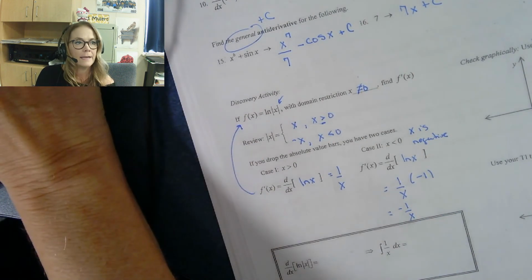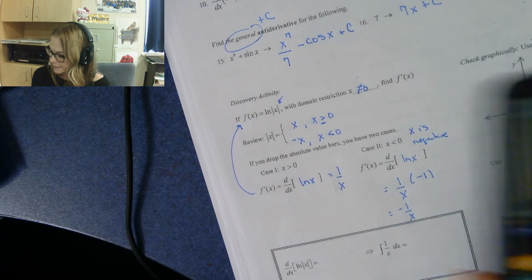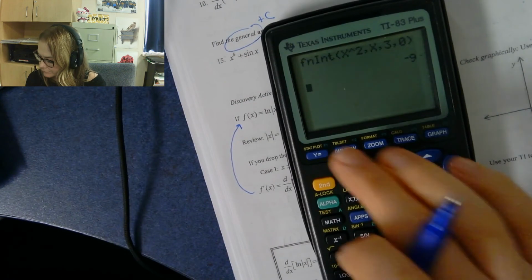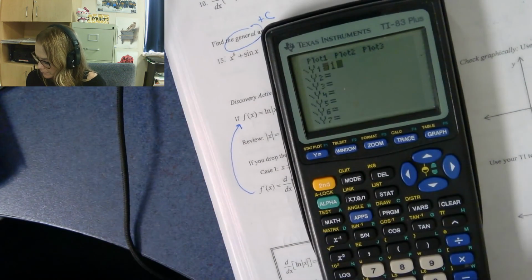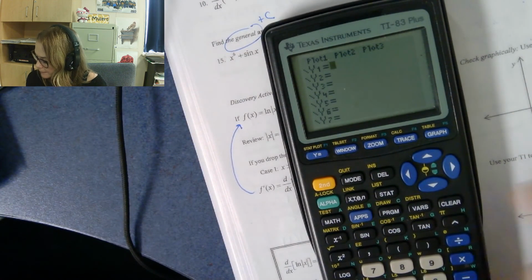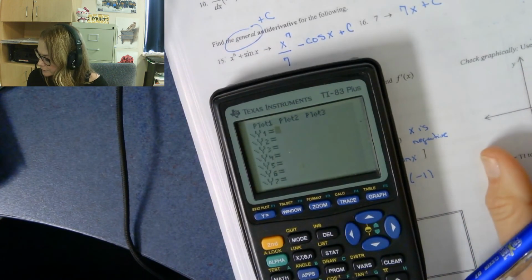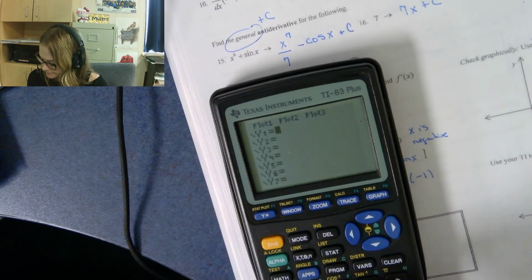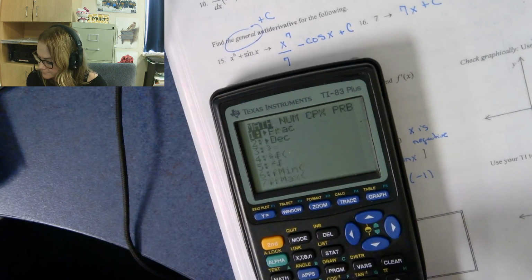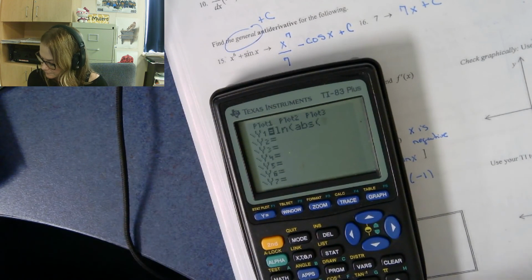All right, let's look at our calculator here. It says check graphically, use your TI to graph ln of the absolute value of x.